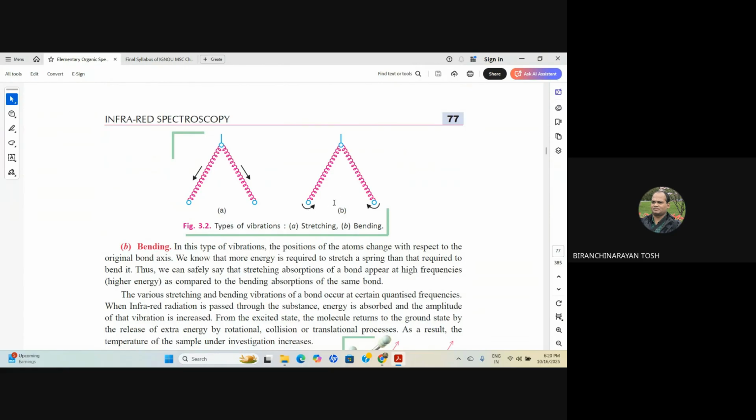It may bend like this, or like this. These two will come closer to each other or move away from each other with respect to this atom. Different types of vibrations are there: both will move this side or that side, both will move up and down, or one will move up and one will move down. So four types of bending vibrations are there.